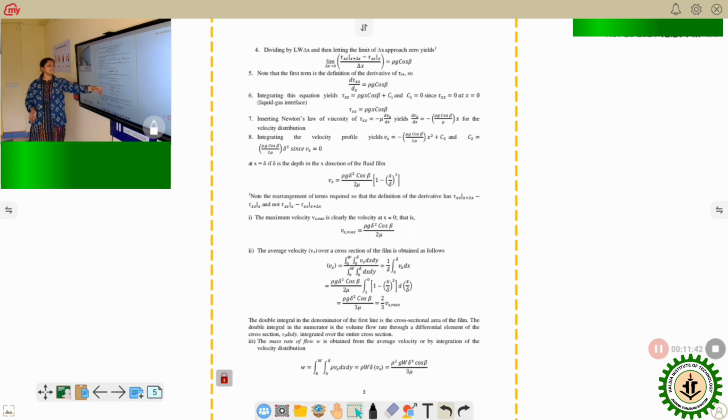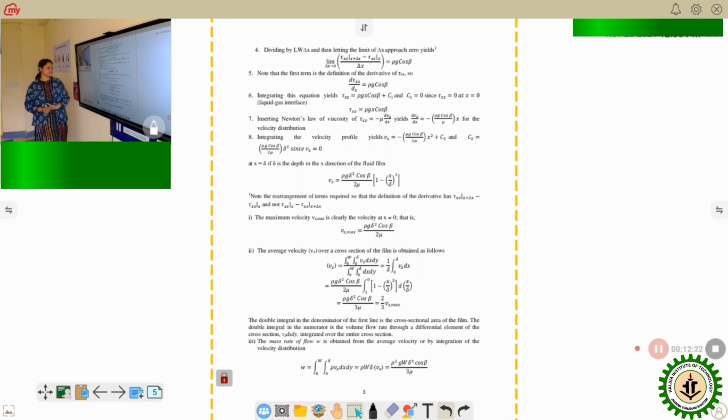It is 1 by delta, integration 0 to delta of Vz dx. Putting the value of Vz here, rho g delta square cos beta divided by 2 mu, integration 0 to 1 of 1 minus x by delta whole square into d of x by delta, finally we got rho g delta square cos beta divided by 3 mu, which equals 2 by 3 V max.